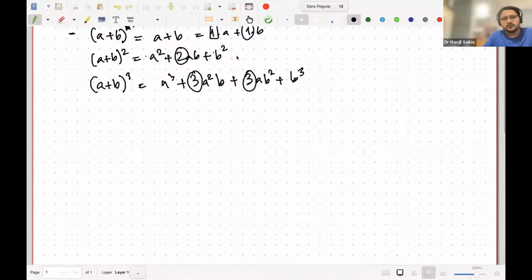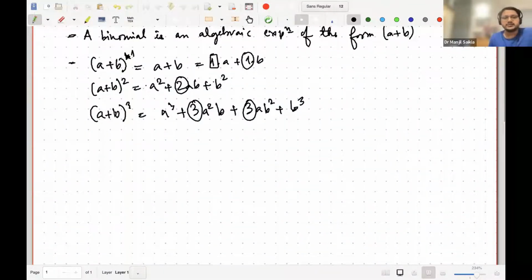You can also notice that the highest degree term of these expansions is the power that you were raising it to. So a plus b to the power cube has the highest degree, a cubed and b cubed. If you're raising it to, say, 100, then the highest degree will be 100.